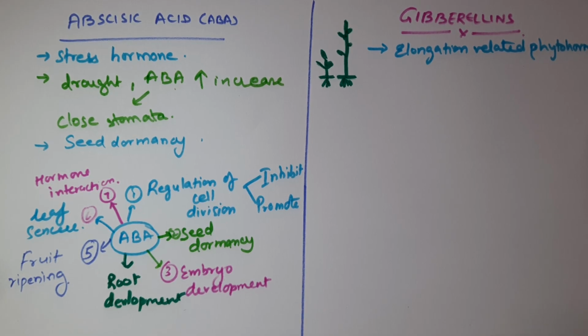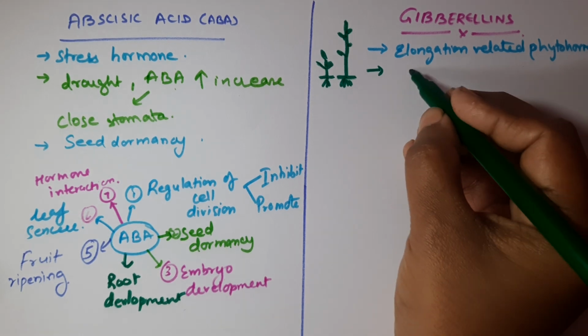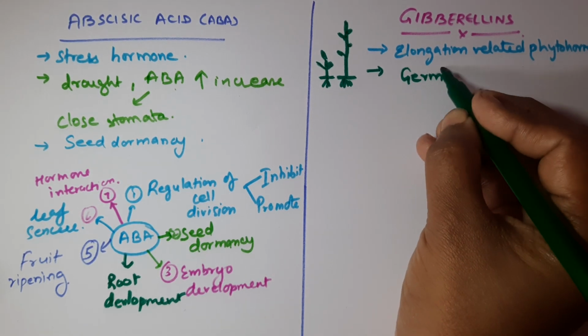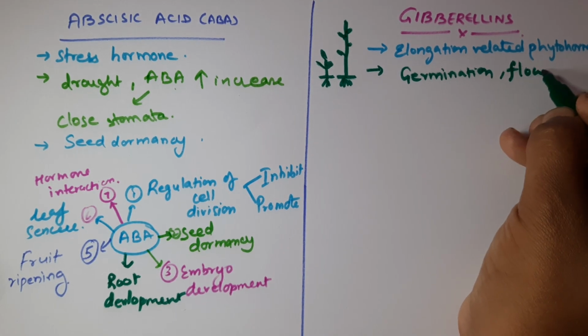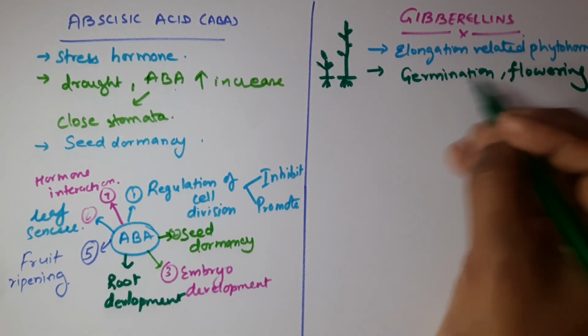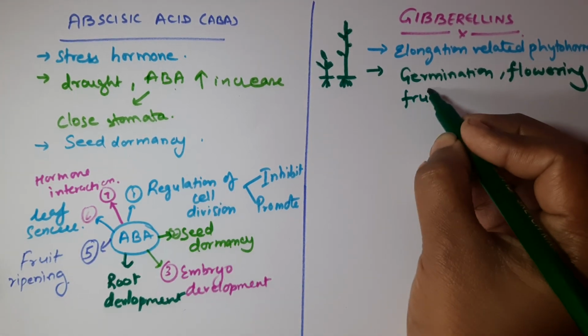It not only controls the elongation, it also affects the germination, flowering and fruit. But the main, chief, prime, dominant role is in the elongation.